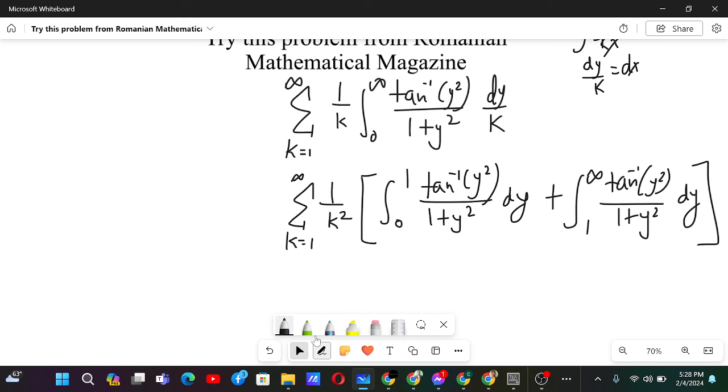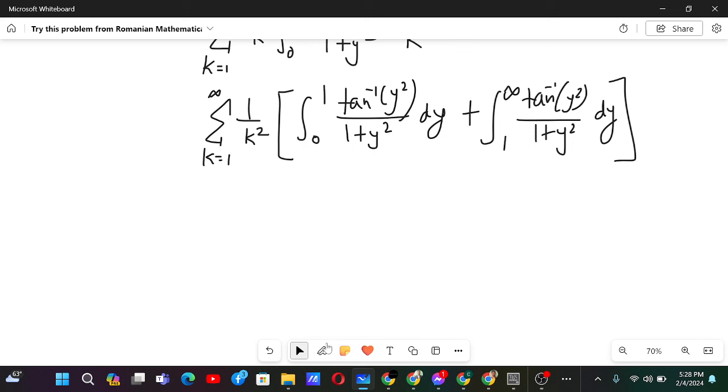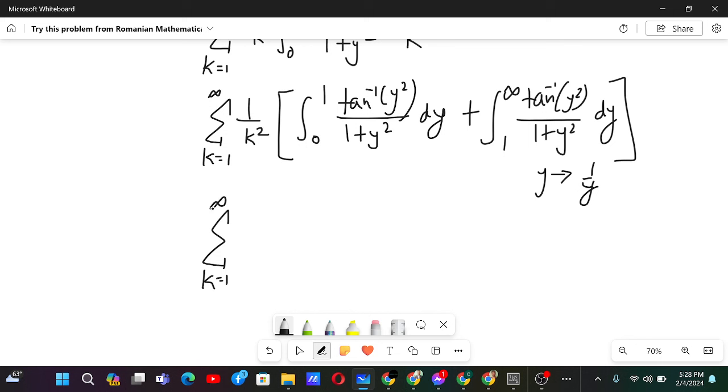Now the next thing we would like to do is, in the second one, change y to 1 by y. Then we get the sum from k equals 1 to infinity of 1 by k square, and this is from 0 to 1 of tan inverse y square by 1 plus y square dy.